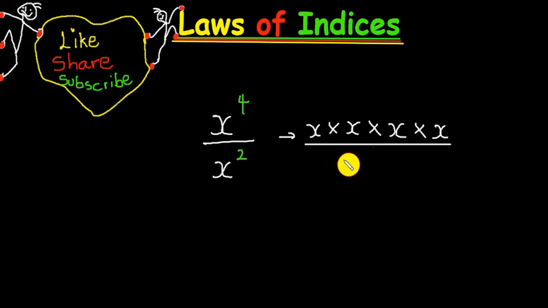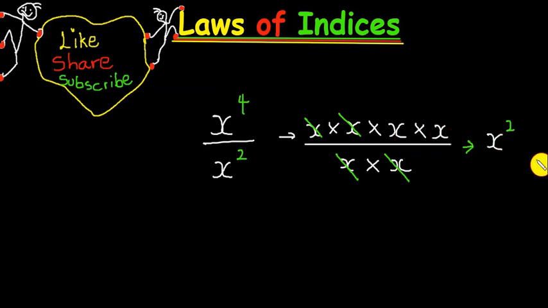Vladimir, help me. X to the second power, what do we write? As a teacher, we write x multiplied by itself 2 times. Good, wonderful. Let's do some cancelling. X will cancel with x will cancel with x. So what we have left here, by x, we have 2 x's here. So x multiplied by x will give us x squared.